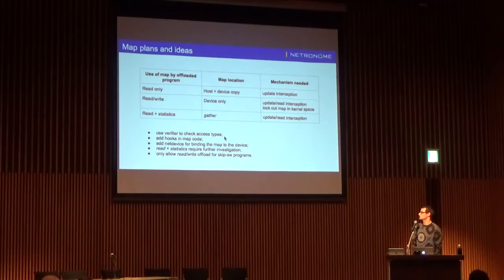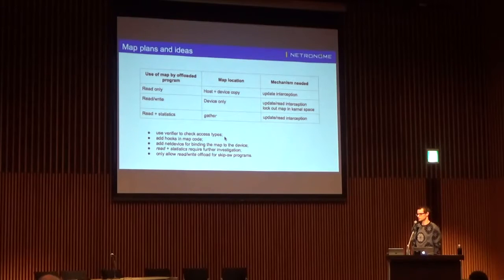One can think of this as a situation where the maps are populated from either user space or kernel space, but the offloaded program will perform atomic adds on part of the value in the map to collect statistics. And this should be possible to support by, when the user space is trying to read the statistics, to read the map, just collecting all the copies of the map, both from the kernel space and from the device, and adding them up or just presenting them as if they were per CPU maps.